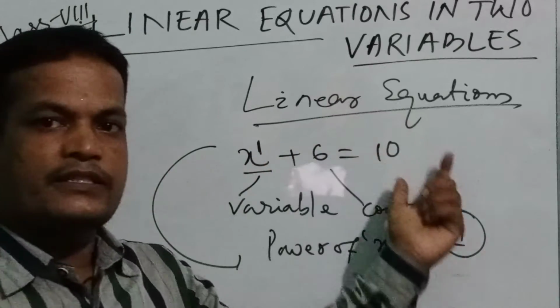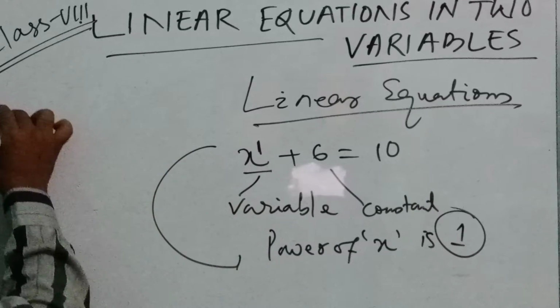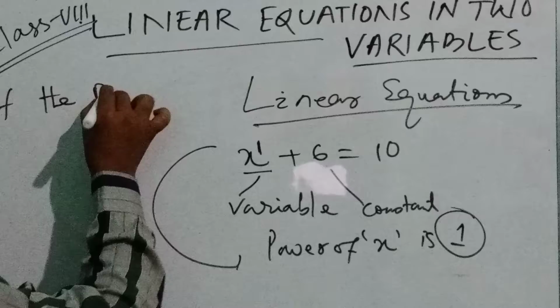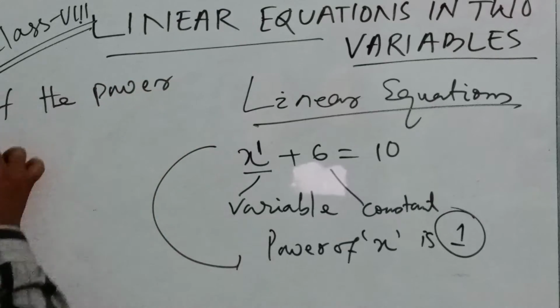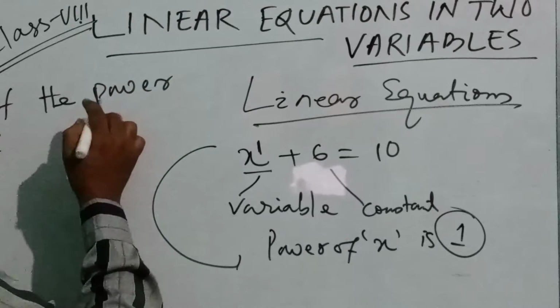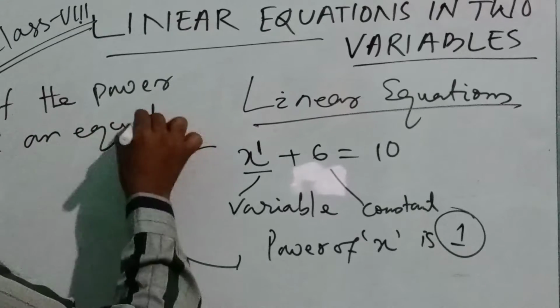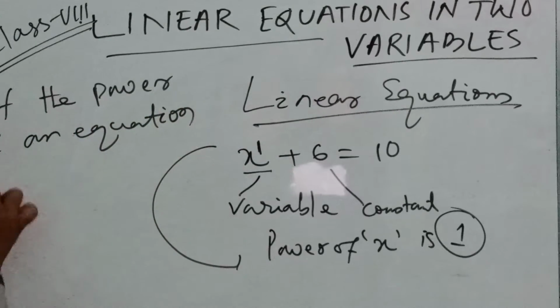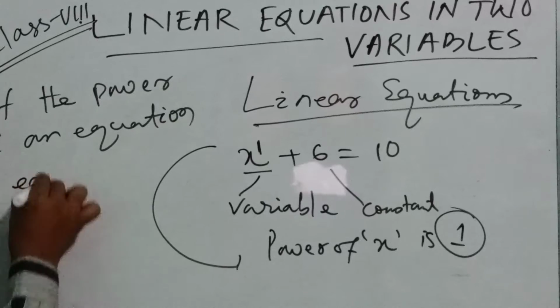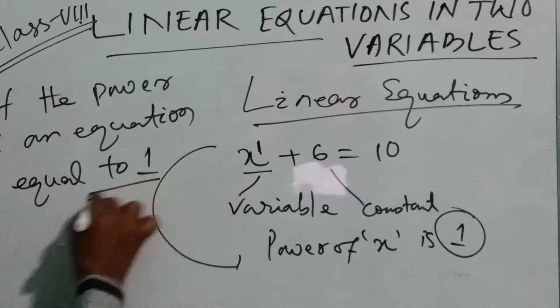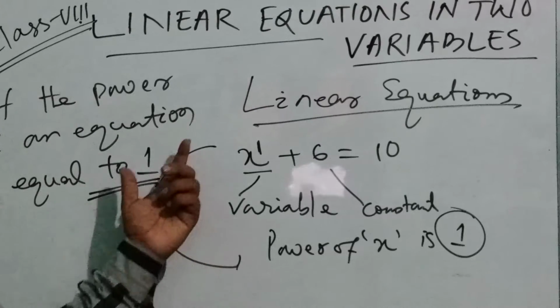That gives rise to a linear equation. If the highest power of an equation is equal to 1, then that is called linear.